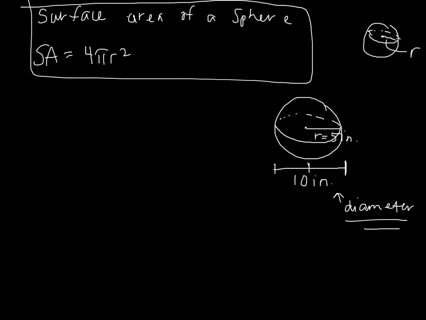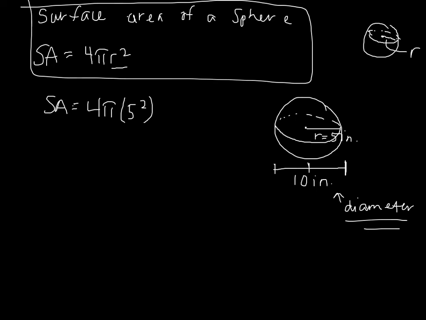So I know I'm going to have to use 5 for my radius. Surface area equals 4 pi times 5 squared. Because I have r squared up here, I need 5 squared down here. Please don't tell me 10 for 5 squared, you guys. We've got to be past that.